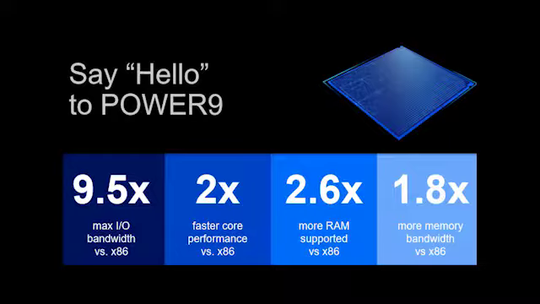Memory capacity for the systems, again, for applications such as HANA, where memory capacity and performance is critical, we see 2 to 2.6 times the amount of memory that is available within the Power Platform for an equivalent sized machine, and the memory bandwidth is almost 2 times as fast as the x86 server range.